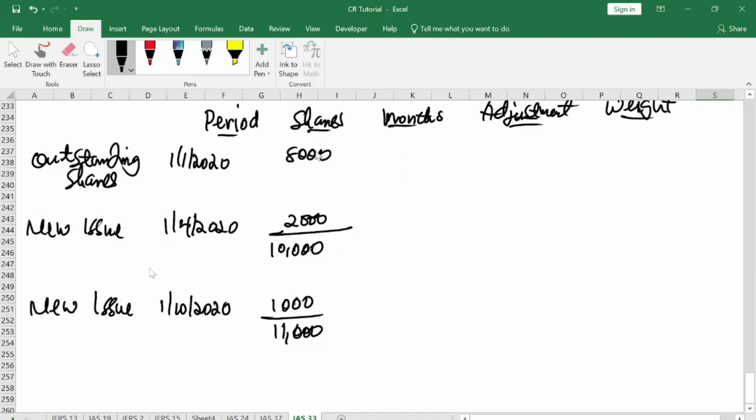From 1st January to April will give you 3 months, so 3 over 12. The 10,000 would have traveled from April to December, which is 9 over 12. But unfortunately, they issued another one in October. So this one could not travel from April to December, but from April to October. How many months?